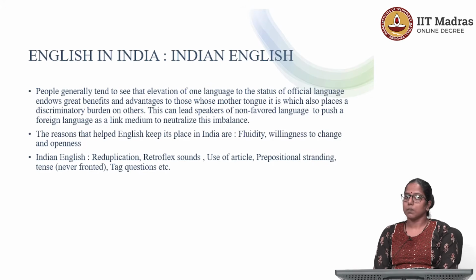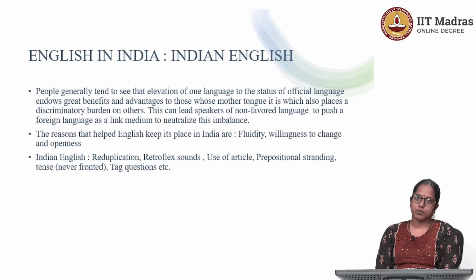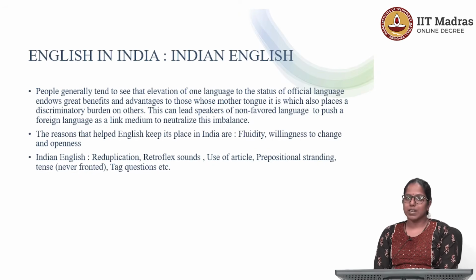So this is what people generally believe. This can actually lead speakers of non-favored languages to push a foreign language as the link language or the link medium to neutralize this imbalance. That explains why English is our associate official language.